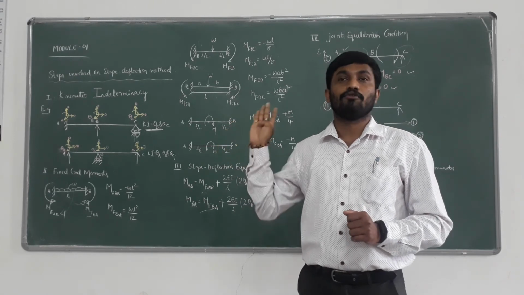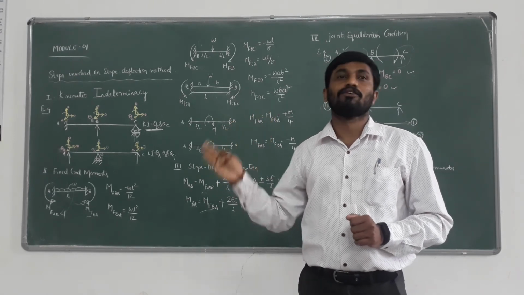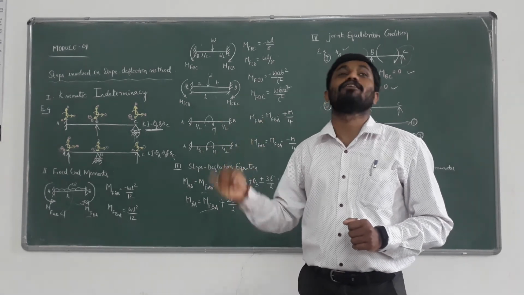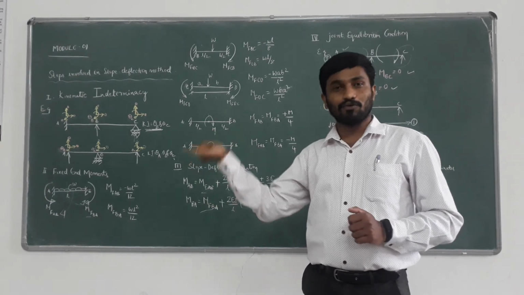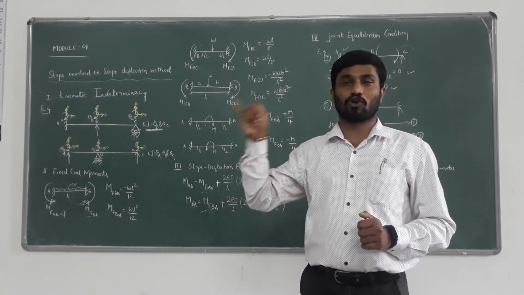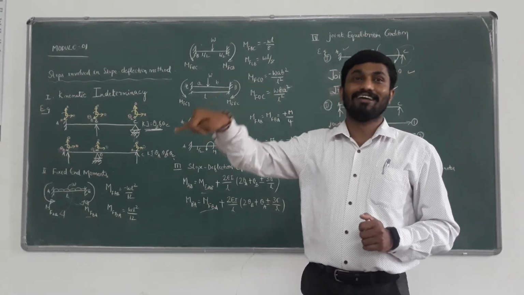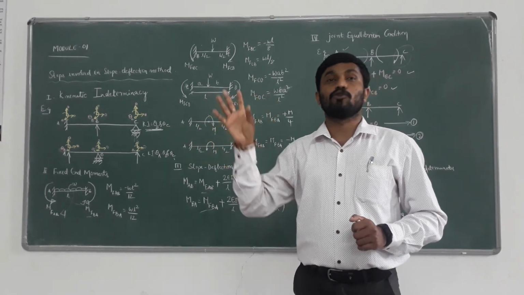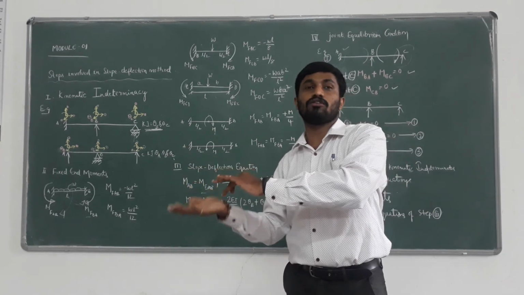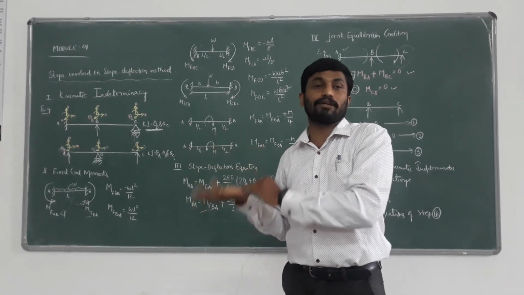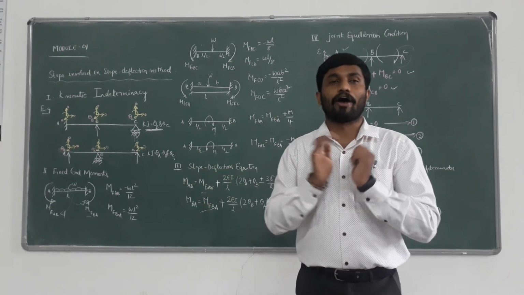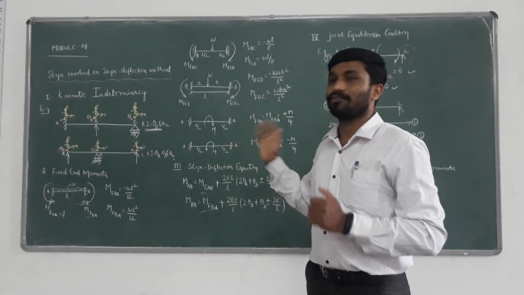Second is fixed end moments. Third is slope deflection equation. Fourth is joint equilibrium condition. Fifth is using the simultaneous equations of the joint equilibrium conditions to determine the unknown kinematic indeterminates. The last step is final moments: substitute the computed kinematic indeterminates into the slope deflection equations. These are the steps you have to remember to solve this problem.